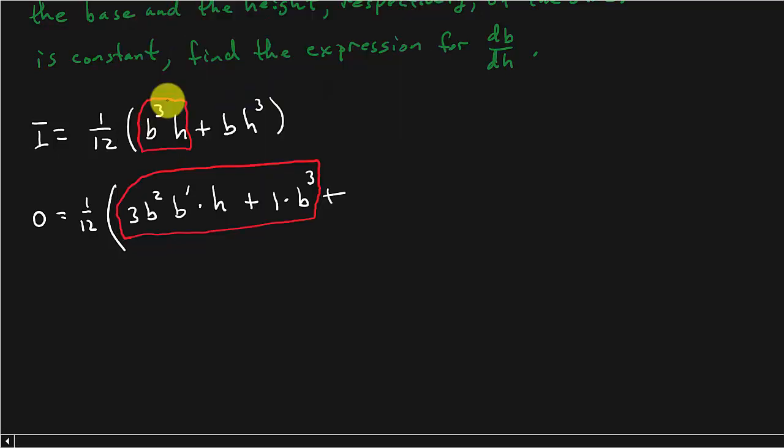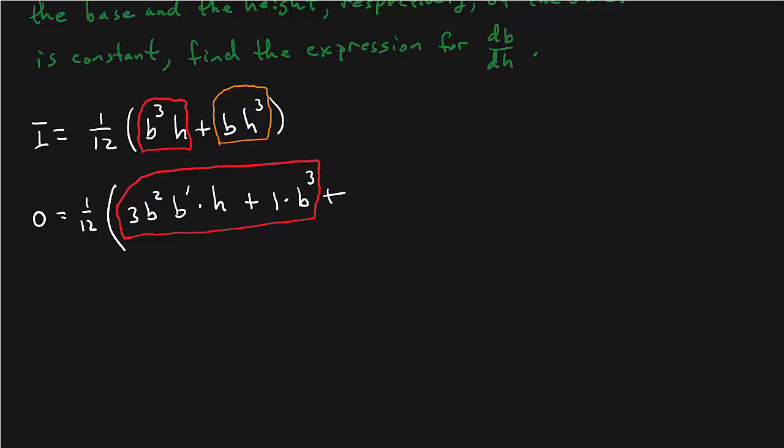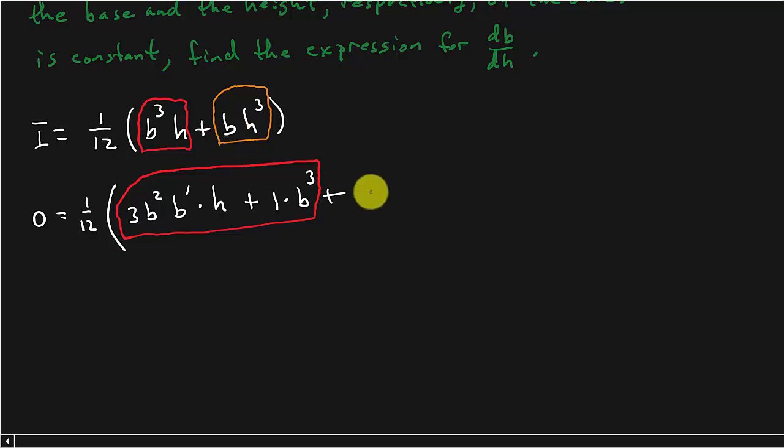Now, let's look at this. Now we've got to take the derivative of this term. You see that? So I'm going to use the product rule. The derivative of b, that's b prime, the derivative of the first, times the second, plus the derivative of the second.